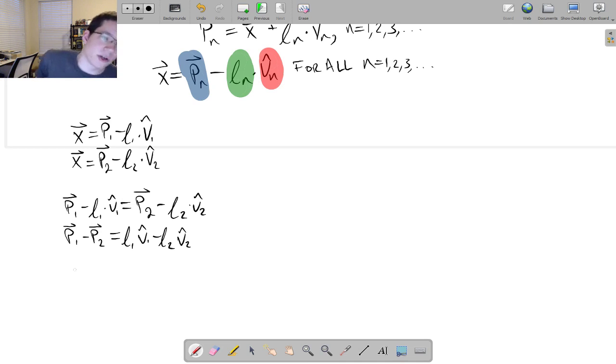Which makes you go, what do we do now? Well, since we're dealing with vectors and matrices and stuff, we have to remember that we can combine L1 and L2 into a matrix, a vector, if you will.